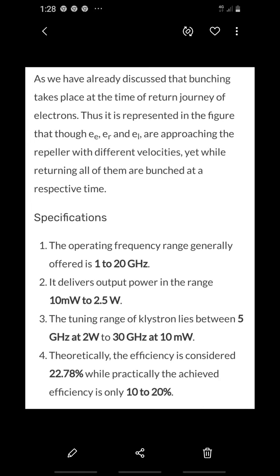The tuning range of a klystron lies between 5 GHz at 2 watts to 30 GHz at 10 milliwatts. Theoretically, the efficiency is considered 22.78%, while practically the achieved efficiency is only 10 to 20%.